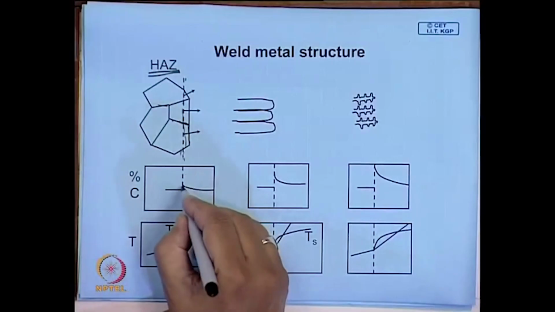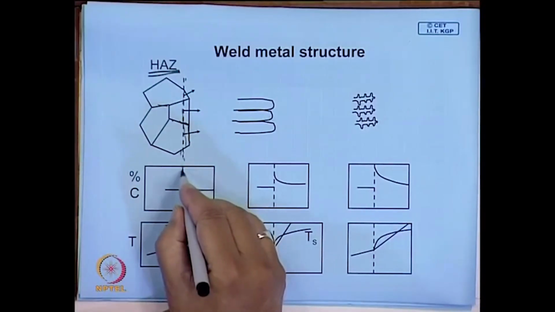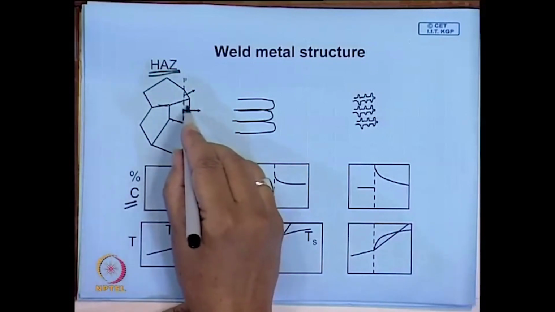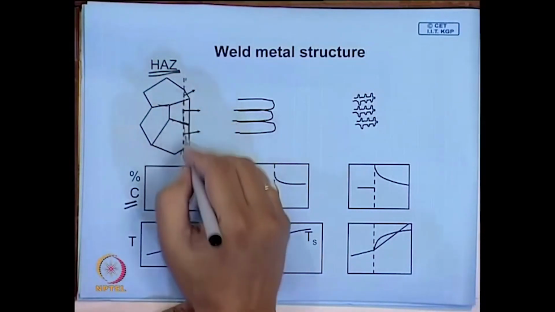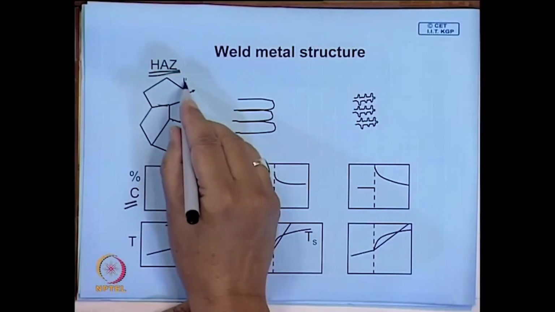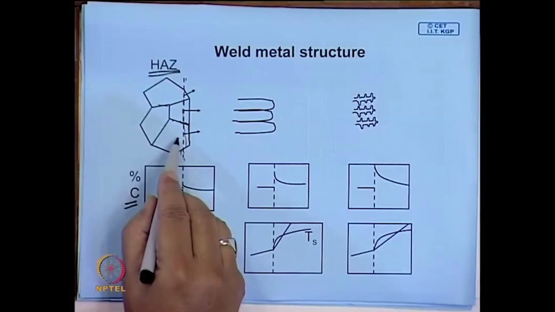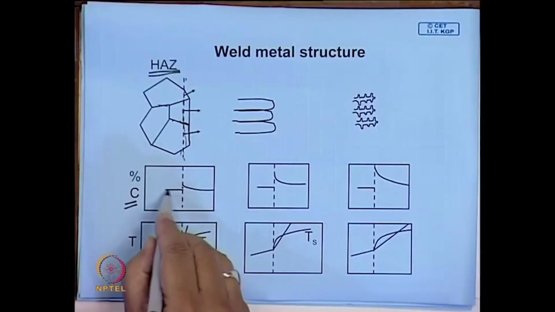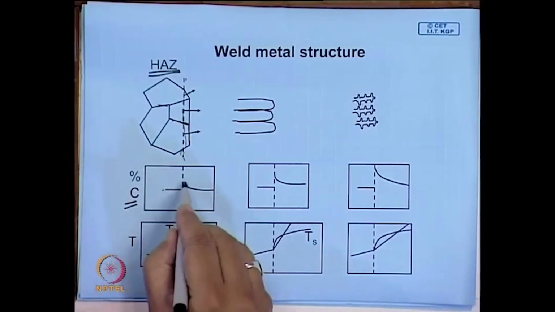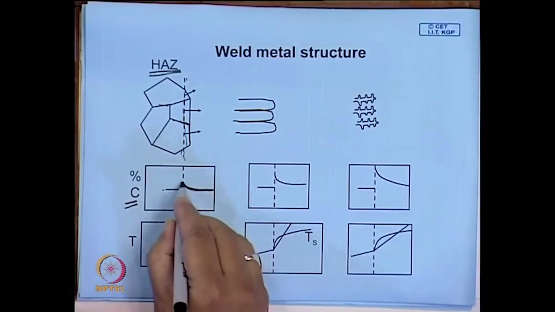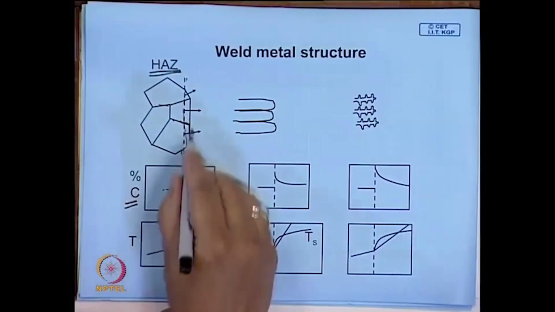And we have seen under solidification that solute builds up near the liquid interface, because the solid which solidifies first is purer. So here there is a lower concentration of solute, and there will definitely be some mixing, but still there may be some concentration gradient in the liquid.